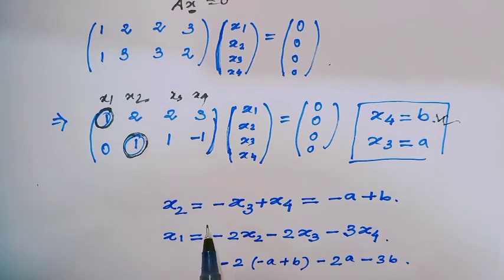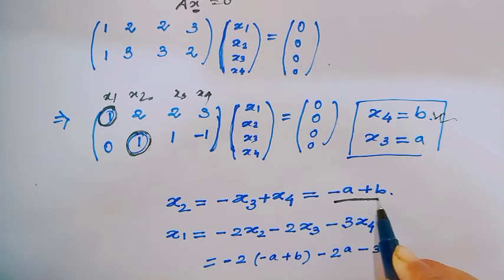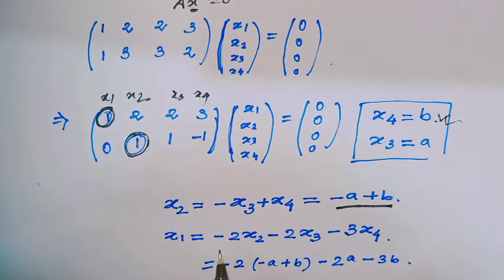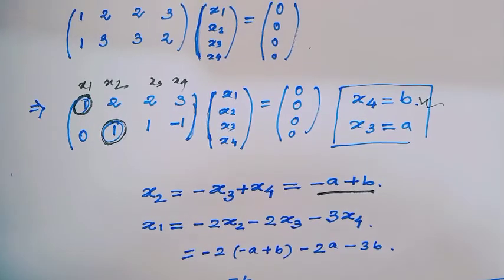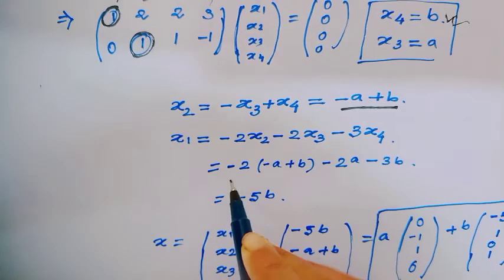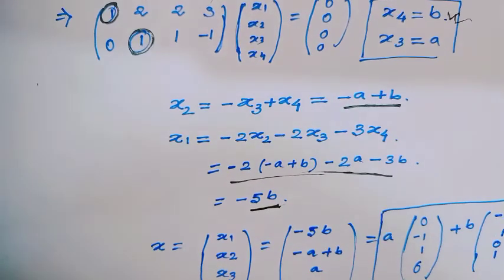Then x2 equals minus x1 plus x3, which is equal to minus a plus b, and x1 equals minus 2x2 minus 2x3 minus 3x4. Now put the values. Then after calculating, this value would be minus 5b.